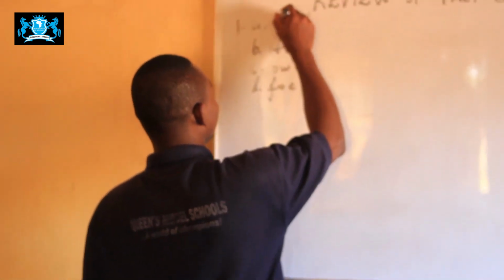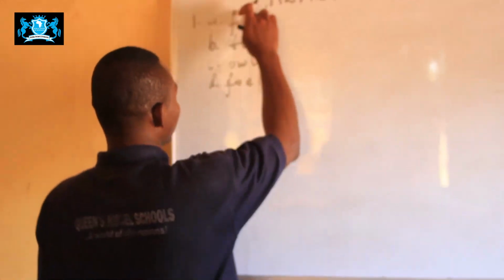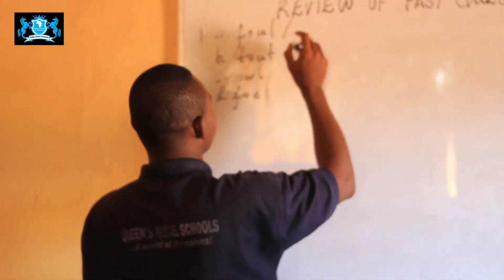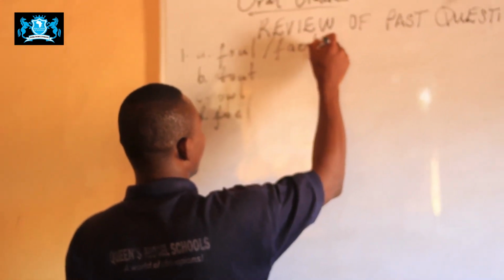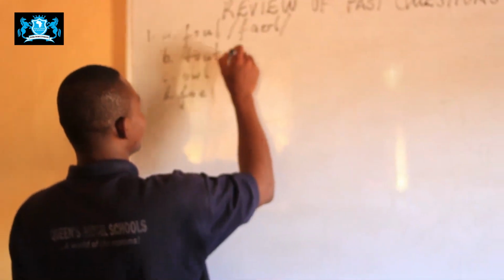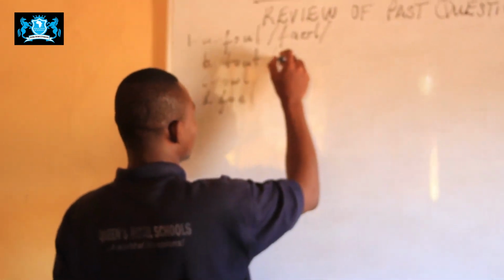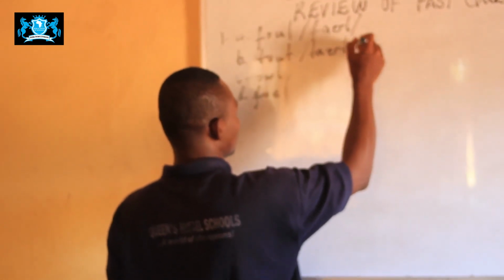Right here, this is F-O-U-L. This is transcribed as vowel. Then T-O-U-T is transcribed as vowels.